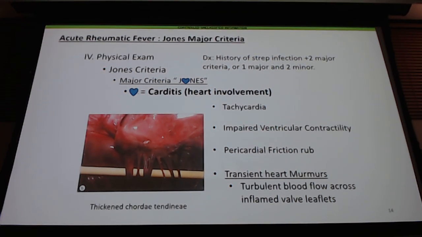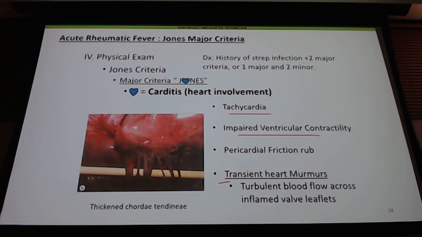And it can present with a lot of different cardiac effects. So it could be tachycardia, which can come from a number of things, including the infection itself, but also from that compensatory mechanism of the cardiac output dropping because of things like regurgitation, so the heart has to speed up in order to counteract that.